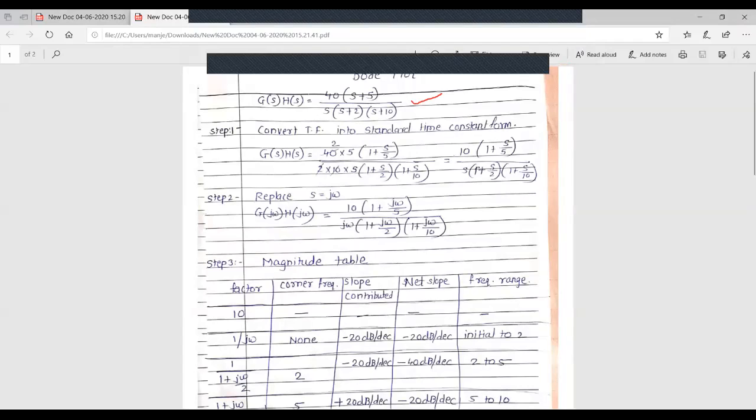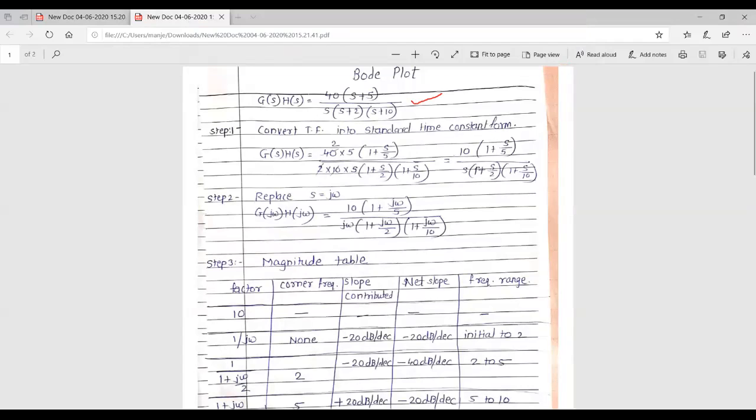Now, if I give you this transfer function and ask you the value of K, you would certainly say 40, but that is not the right answer. First, you need to convert it into time constant form, and then see what the open loop gain is. To convert it, take 5 common from this, 2 common from this, and 10 common from this.